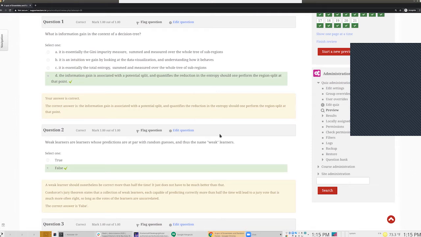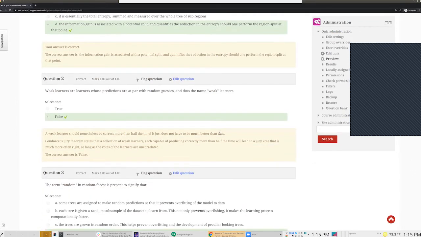Weak learners are learners whose predictions are on par with random guesses, and thus the name weak learner. Obviously, this is false. You can't make an ensemble of idiots, right? Because that leads to chaos. The Condorcet jury theorem says that a jury should have the ability to be right at least 50% of the time.